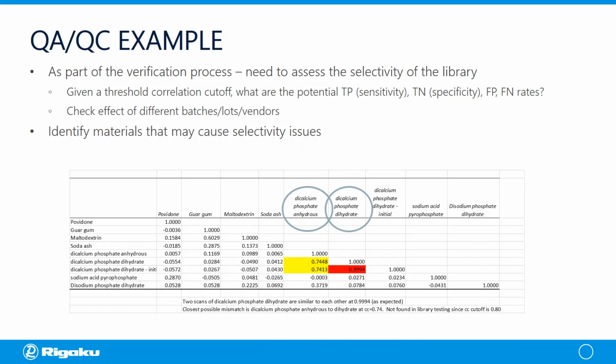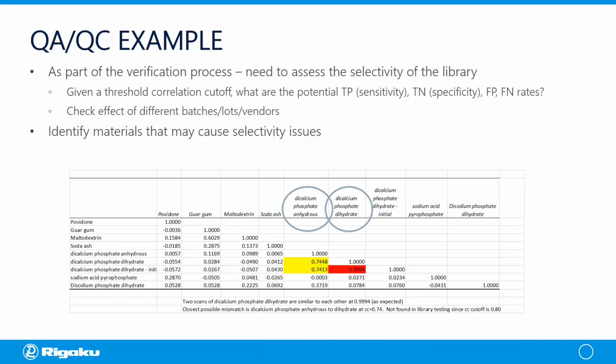So there's no problem between these two materials. They're extremely similar at 0.99. We can say that that material is verified as what it says it is, and the other criterion is that we can differentiate the hydration states from the anhydrous state as well.